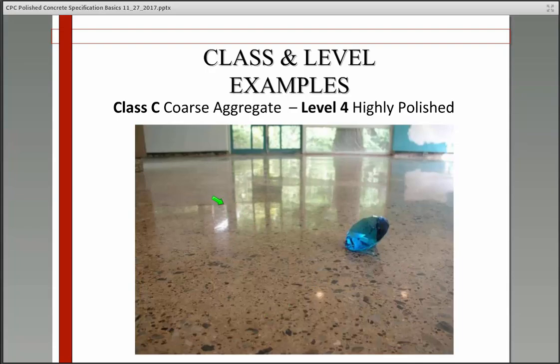And one of the things I'd note on this is that those percentages that are listed in the aggregate reveal chart are about the entire floor. So if we have 10,000 square feet of a floor, and we're saying that 15% could be either having fines in it or a little bit of coarse aggregate, and it would still classify as a Class A level.